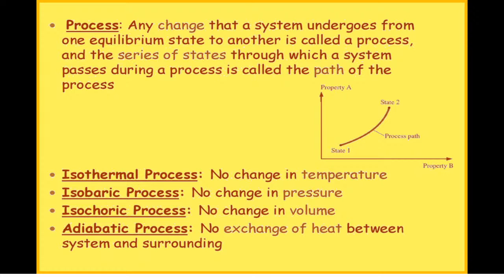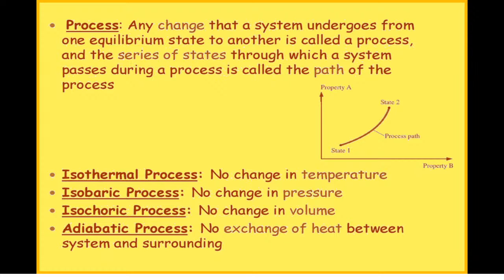But what is state number 1? It is the pair of magnitudes of the properties A and B. State number 2 means another pair of magnitudes of properties A and B. And the line showing how these two are changing in progress is the process path.